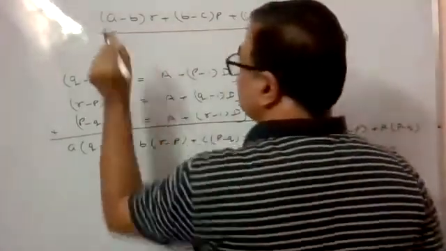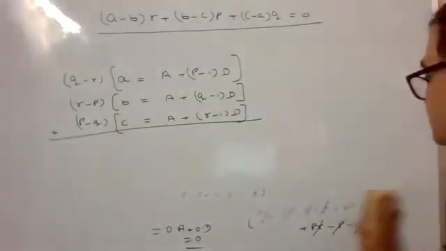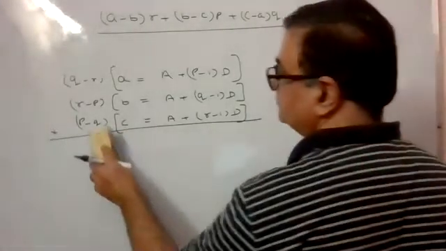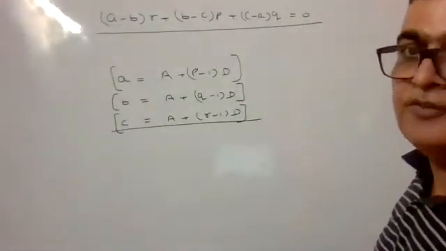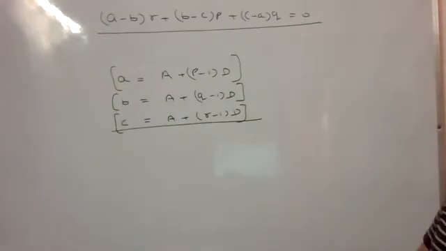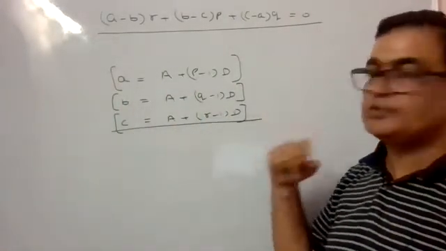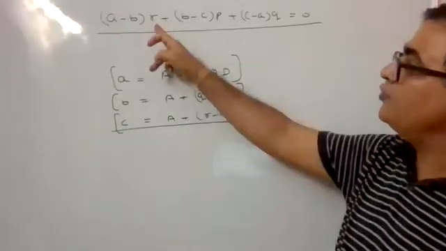This also you have to prove. Three conditions are already with us: a is equal to a plus (p minus 1) into d, b will be a plus (q minus 1) into d, c will be a plus (r minus 1) into d. I have to prove this.